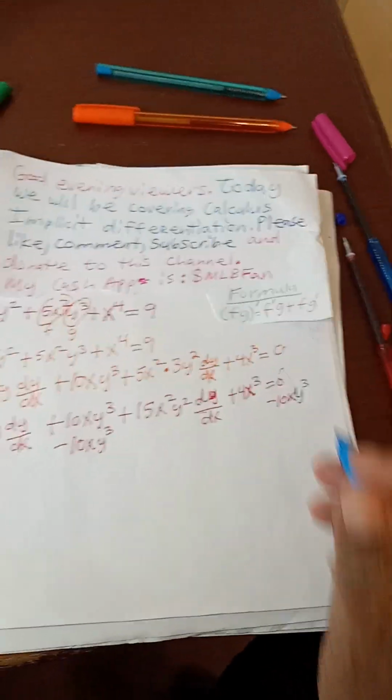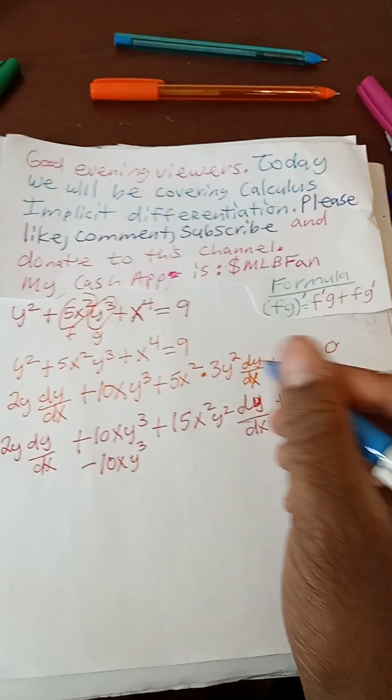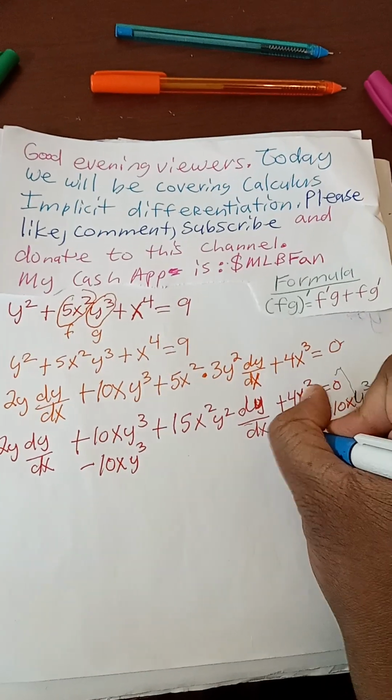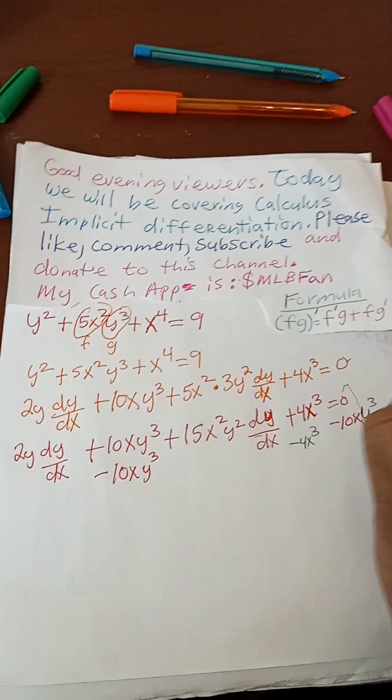and then subtract 4x cubed to both sides as well.